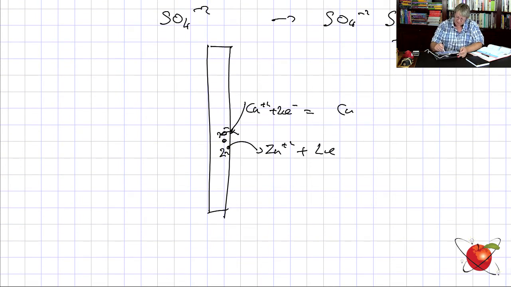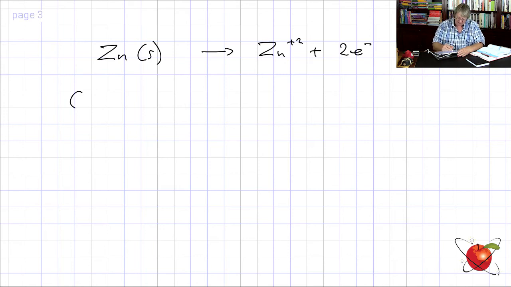Right? So the total reaction, okay, was actually this. Okay. We said that zinc solid dissolved. So it changed to an ion and it had 2 electrons. The copper +2 electrons came along and it took those.